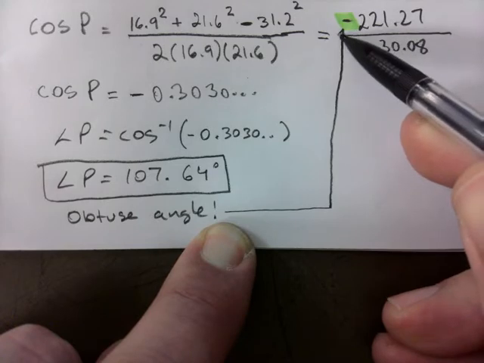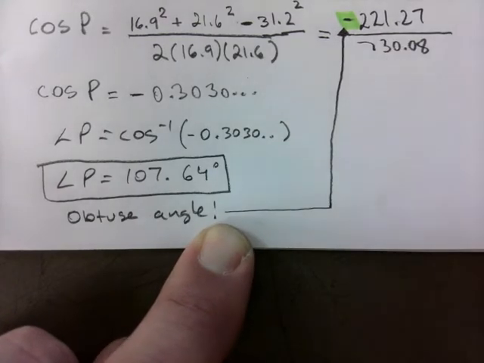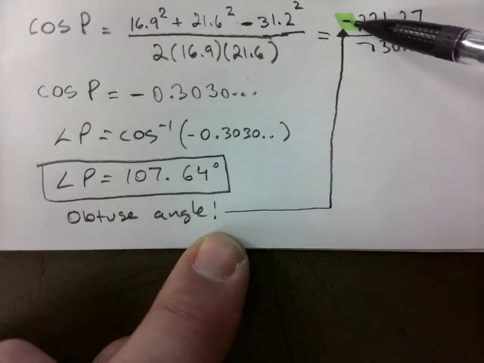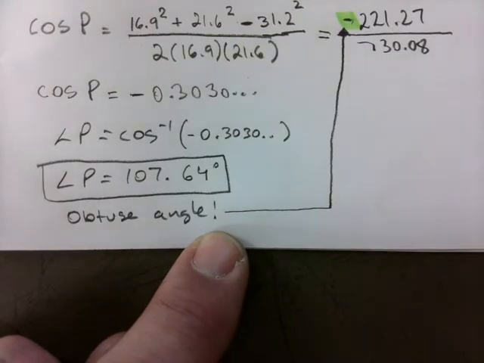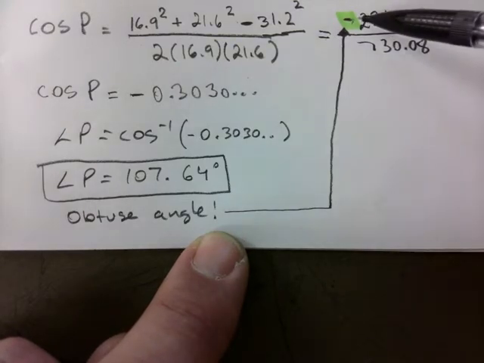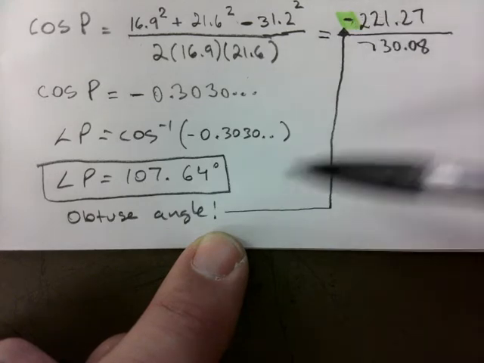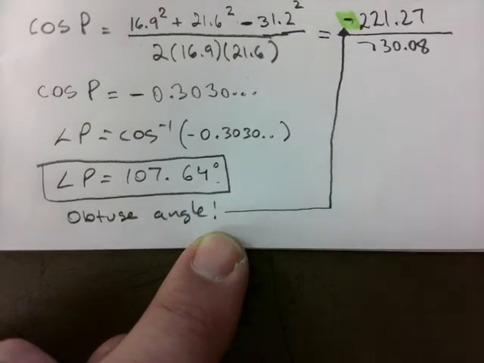The minute you have a negative, it's not always going to be negative, but if you have a negative there, you are guaranteed an obtuse angle. Obtuse angle is bigger than 90. So anything bigger than 90 is obtuse. So not all questions will have that, but if it does, you are guaranteed an obtuse angle.